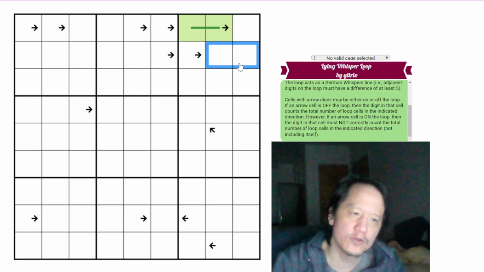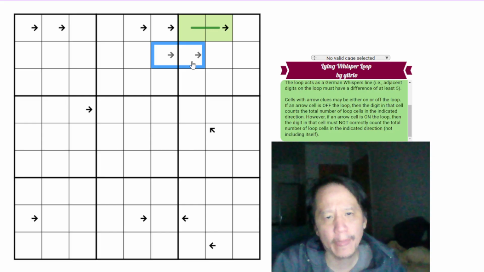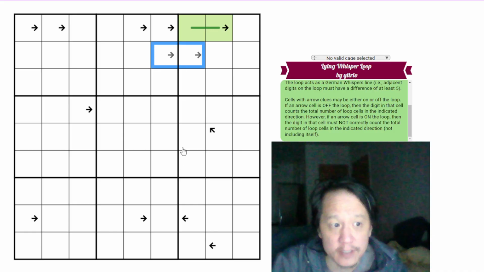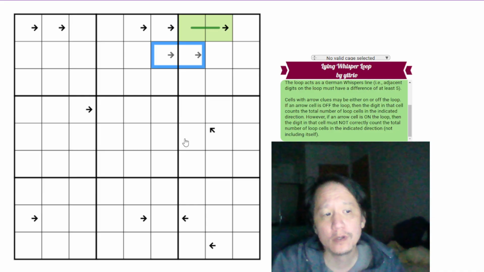Right? Because either they point to this. So if both of them were off, they point to the same amount, which is not possible because then they would break Sudoku rules. So one of them at least has to be on. So one of these is on and could be both.